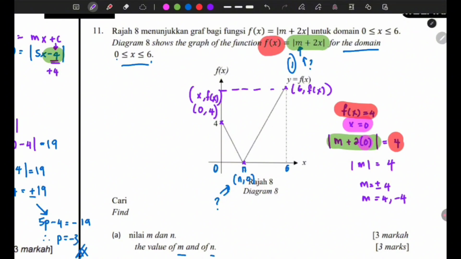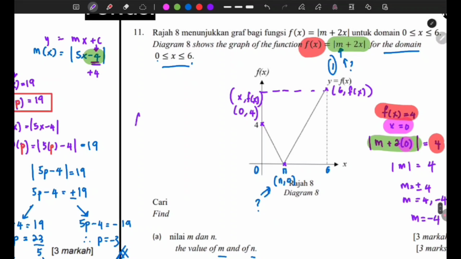What is the answer? 4 and negative 4? It should be negative 4. It's the same thing that I told you just now. f(x) equals m plus 2x. If you write it this way, it's actually y equals mx plus c. That means your y-intercept is the m.